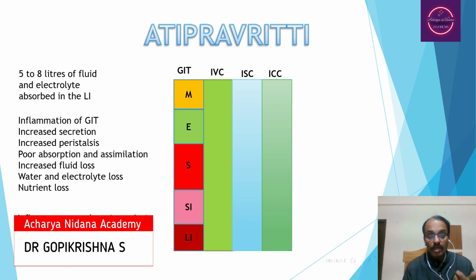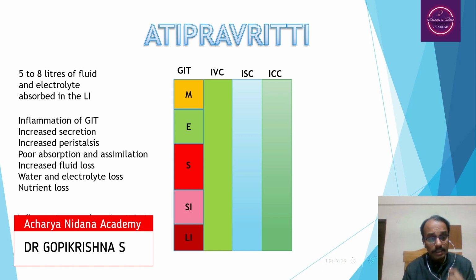That is why, whenever a person is suffering from severe debilitating illness, the electrolytes have to be retained, as there will be nutrient loss also, in the form of either macronutrient or micronutrient loss.